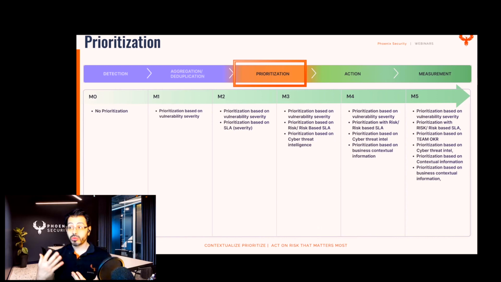And then the next level will be to start using cyber threat intelligence to look at the probability of exploitation. There is an open source framework and project that Phoenix Security supports heavily called EPSS, that provides the exploitability factor of a specific vulnerability in the next 30 days.